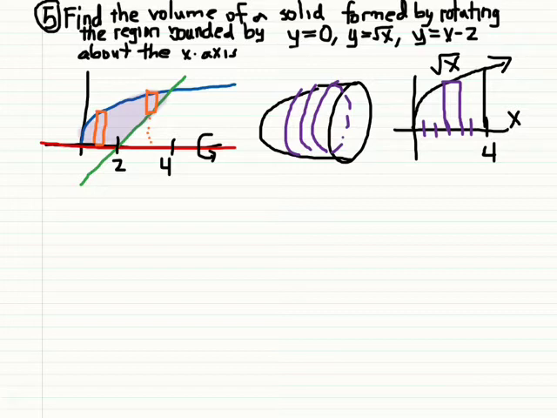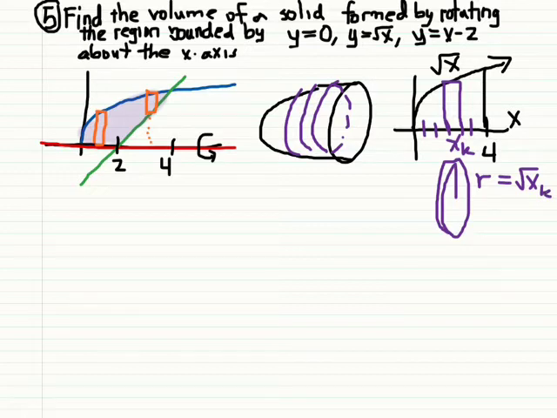And so that rectangle would give me a disk, and the height of the rectangle gives me the radius. And so for every x value, x sub k, the radius of that rectangle is going to be the square root of x sub k.